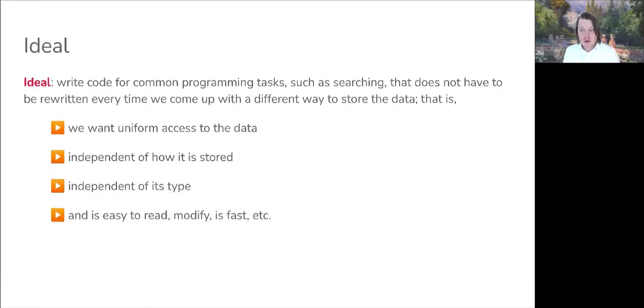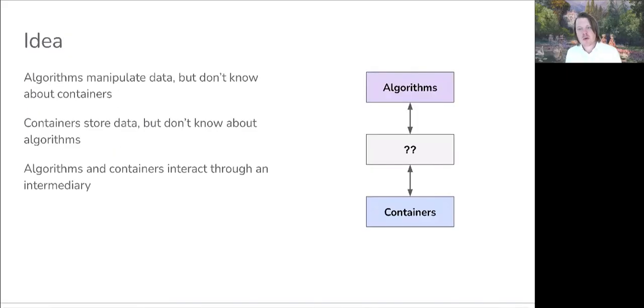So we want some sort of universal way to access our data, independent of how it is stored, independent of the underlying type. So here's what we're going for. We want to have algorithms that can manipulate our data, but don't have to know about the underlying structure of the container upon which they're operating.